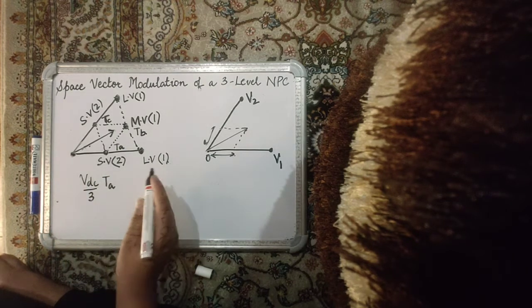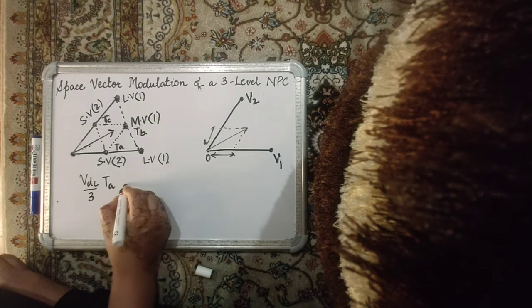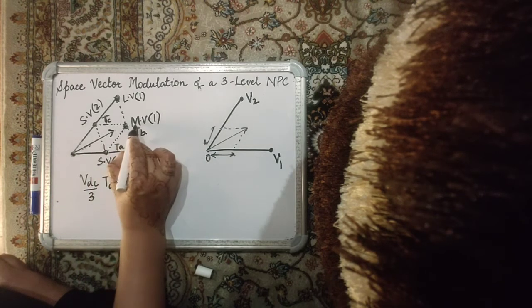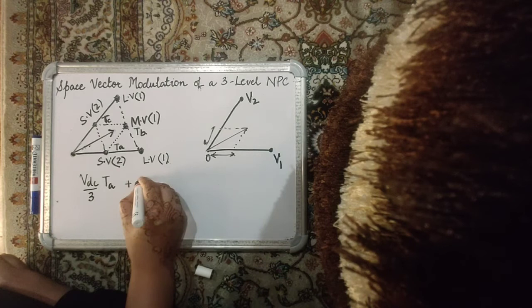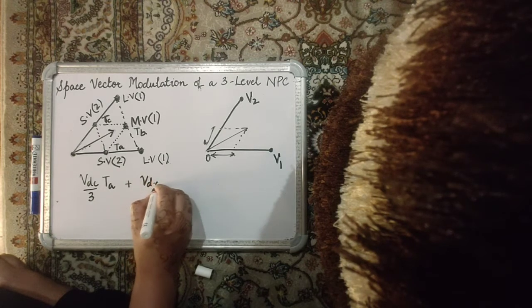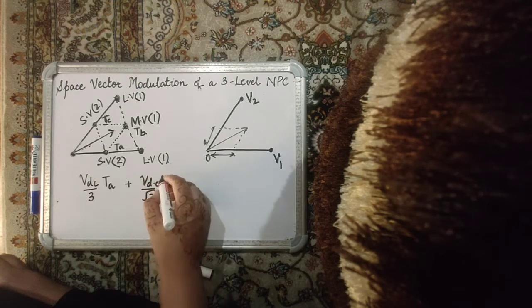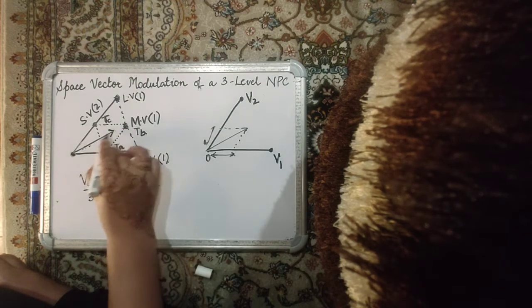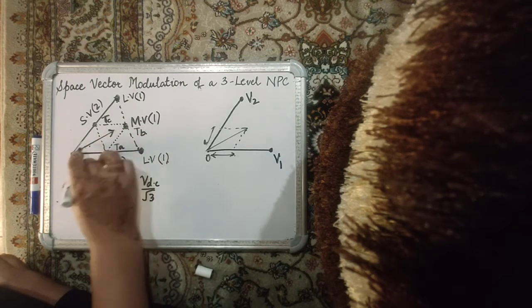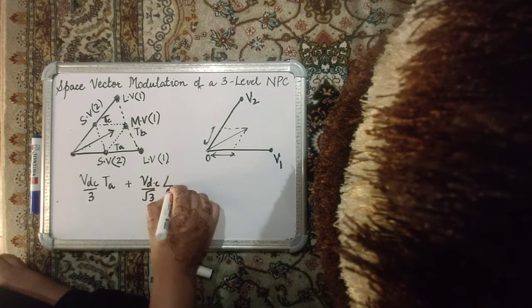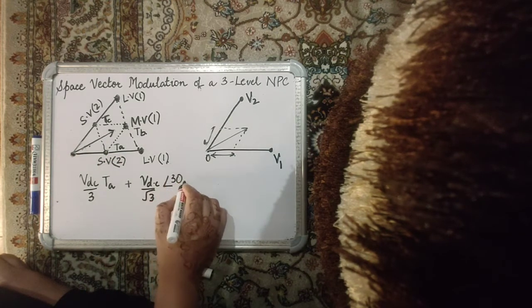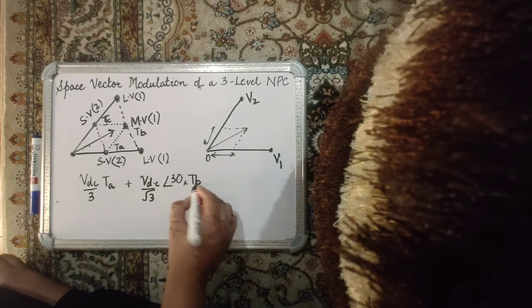It has to be a vector sum, V1 t1 plus V2, that is the medium vector, Vdc by root 3 times, and since it's a phasor sum you also have to take care of the angle. So this is 30 degrees, and it is switched for the time tb.